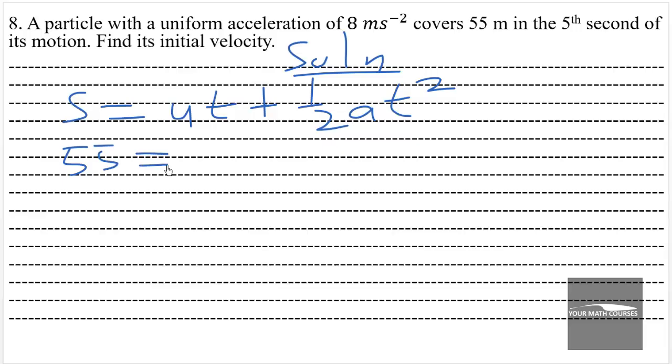s is equal to ut. u we don't know. The t, that one too we don't know yet. But we know the acceleration to be 8 meters per second squared. So we're given that in the 5th second, the motion is 55.